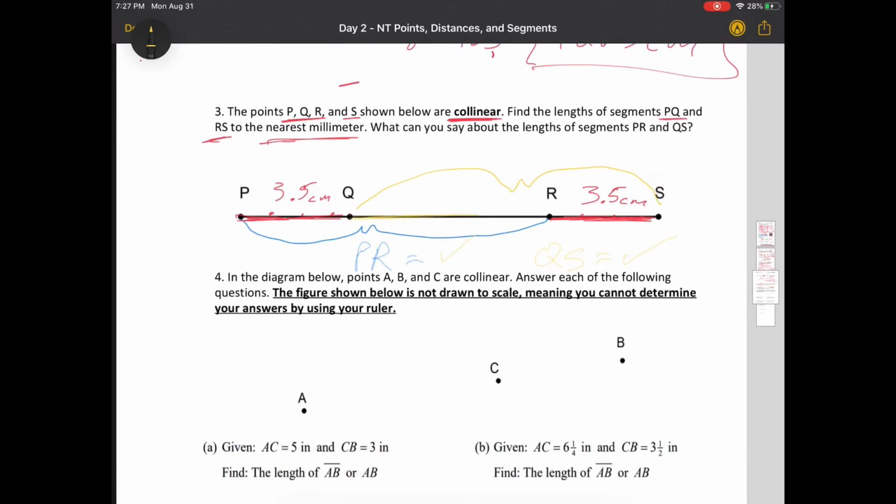We're adding on the same piece to congruent segments. So yes, they are equal. So PR and QS are the same length. So from here to here and here to here. And once again, that's because we measured this, and then we added on the same segment to both and showed that they were equal. So we don't even have to go ahead and measure.